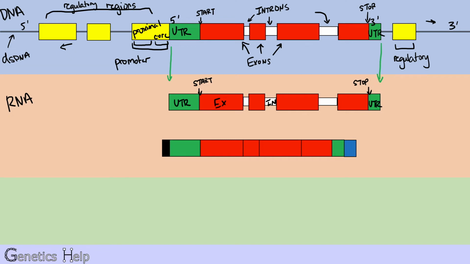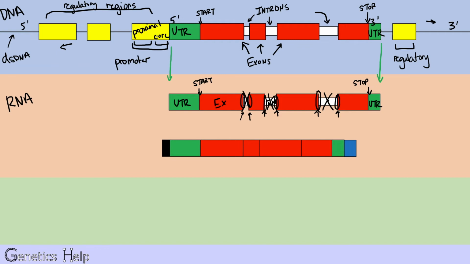What's going to happen is we have these borders between the exon and intron right here, and there are some sequences along here, sometimes right in the middle of the intron, that help identify where we're going to be splicing out the actual introns. We're going to remove them altogether, and they're going to be cut out.